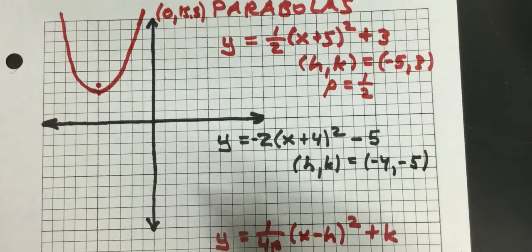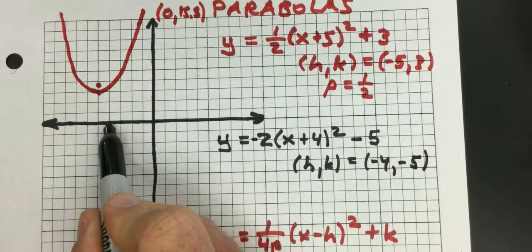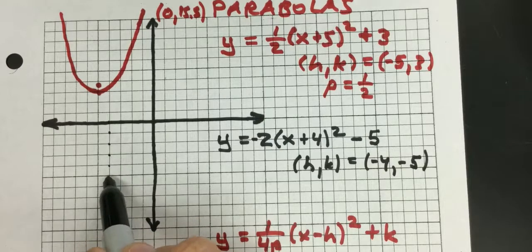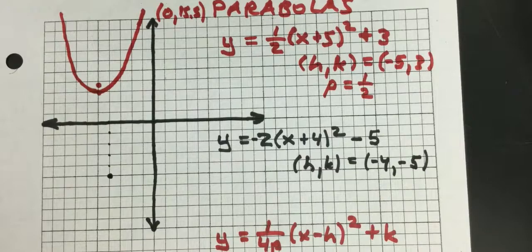So what we're going to need to do is go 4 units over and then go 5 down. 1, 2, 3, 4, 5. So the vertex of this parabola is going to be down here, and it is going to be downward pointing.